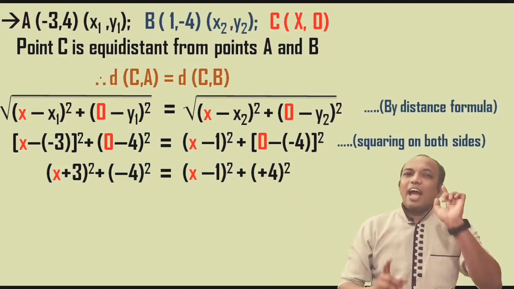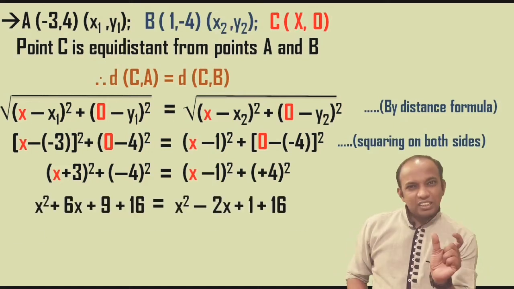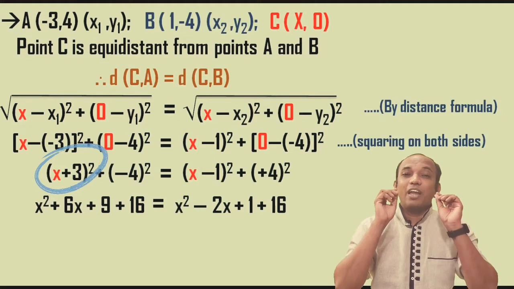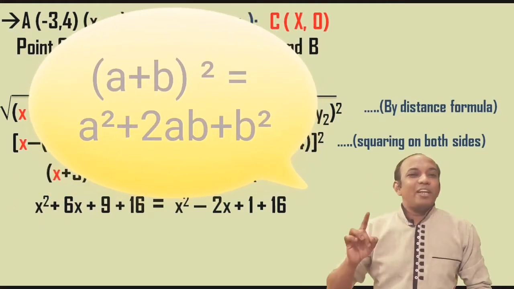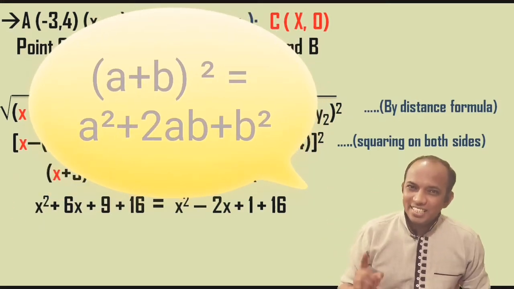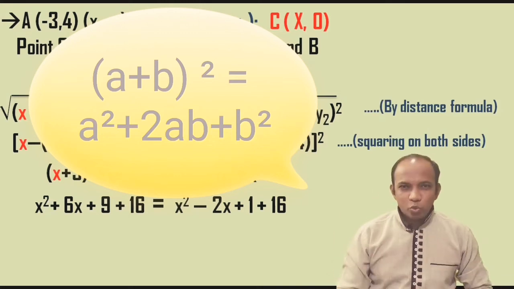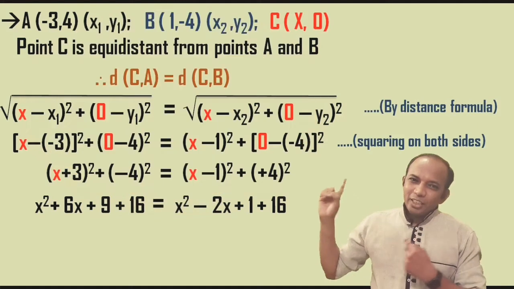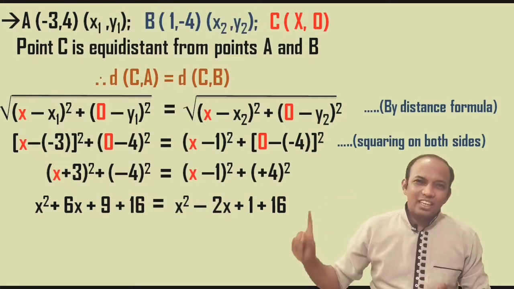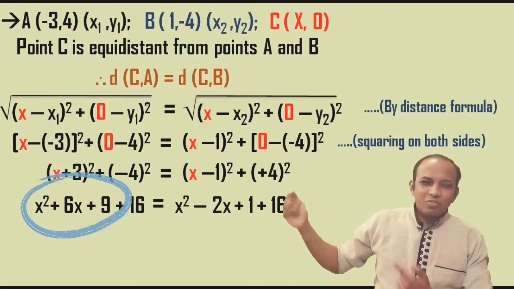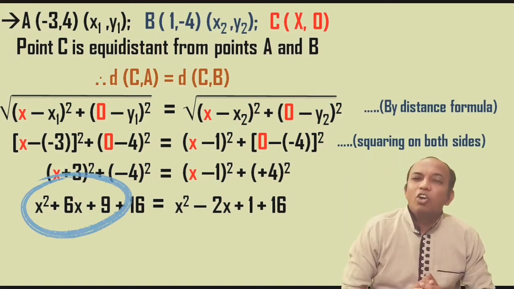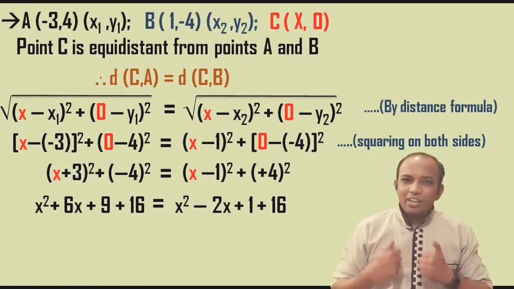As we are given the bracket, that is x plus 3 the whole square, we have to utilize the expansion formula, that is a plus b the whole square. What is that formula? Yes, a square plus 2ab plus b square. The moment you apply that formula for x plus 3 the whole square, we get the answer x square plus 6x plus 9. Yep, and plus 16 we got after squaring 4.